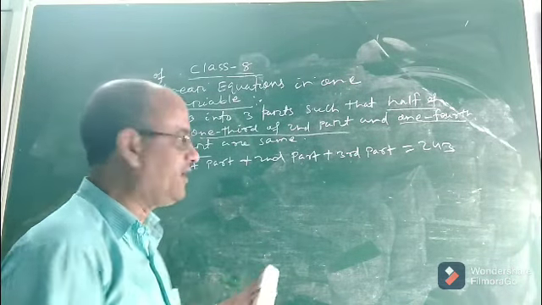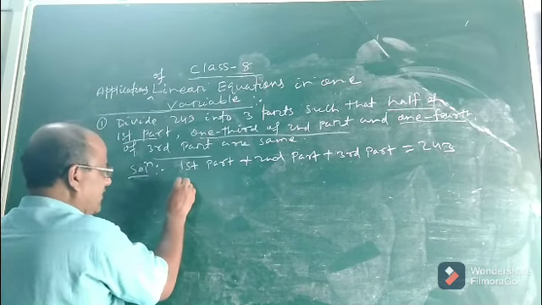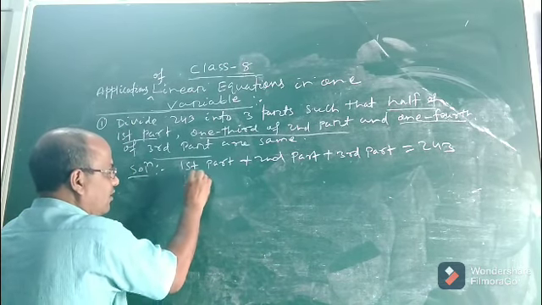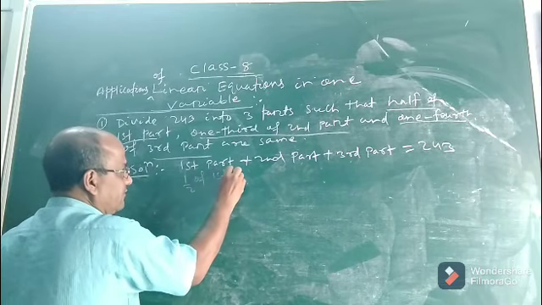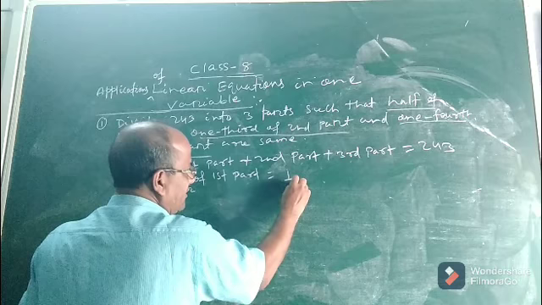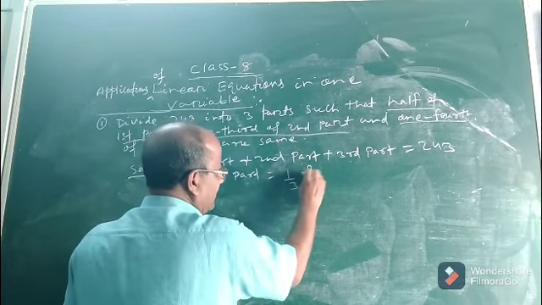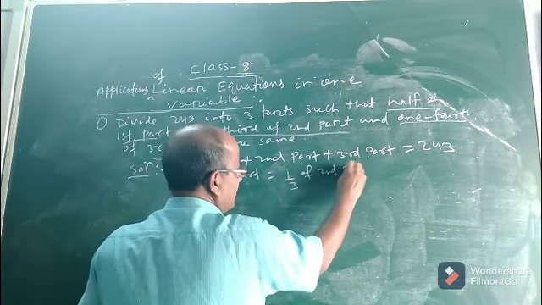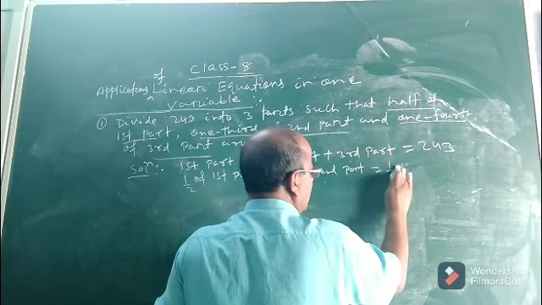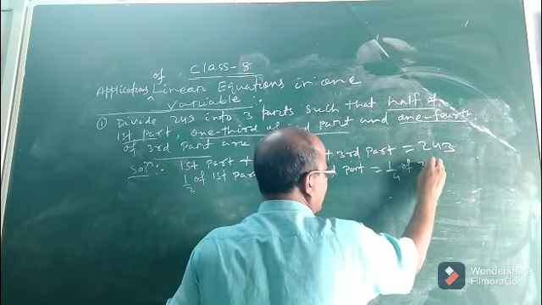And what else is given? The other condition is: half of the first part is equal to 1/3 of the second part, equal to 1/4 of the third part.